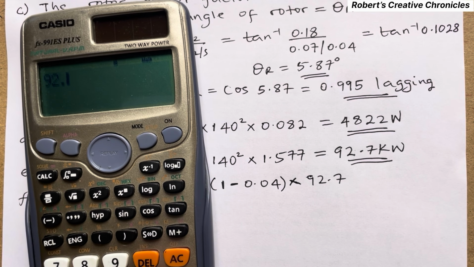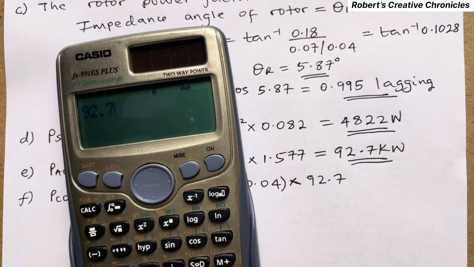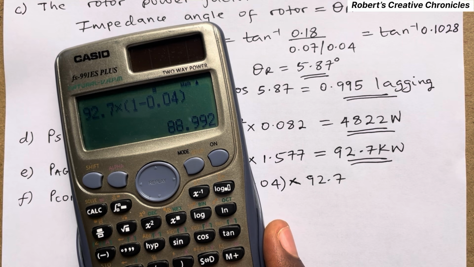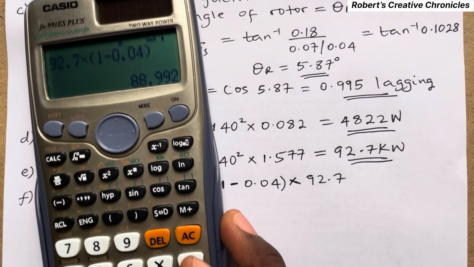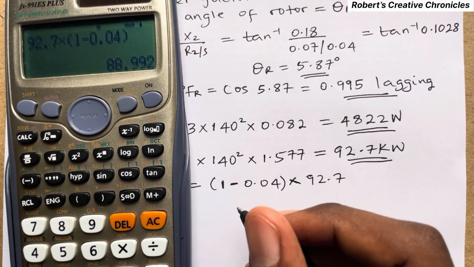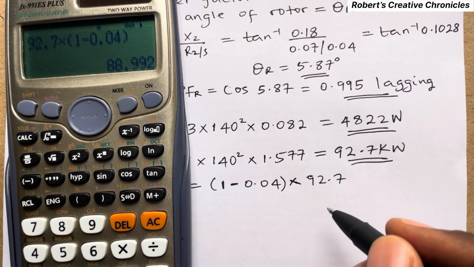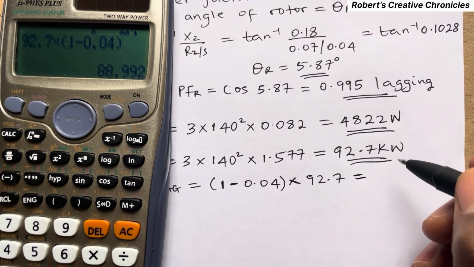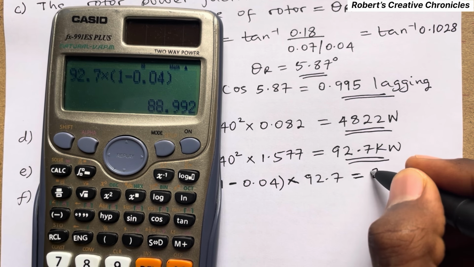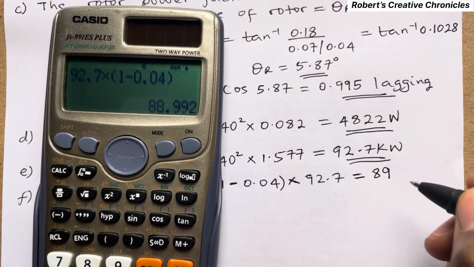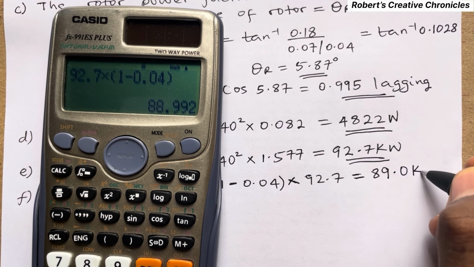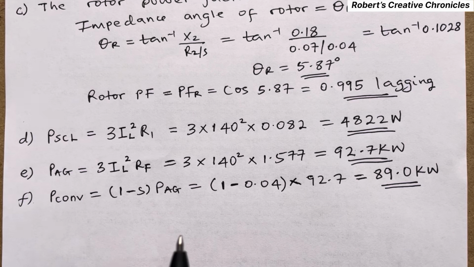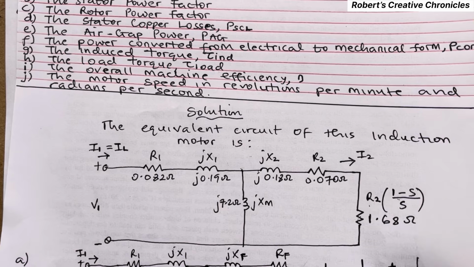So 92.7 times 1 minus 0.04. This is 88.99 kilowatts. And if we express it in one decimal place, it is 89.0 kilowatts.